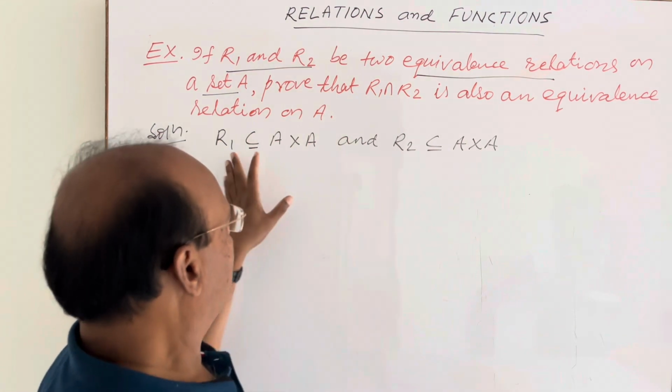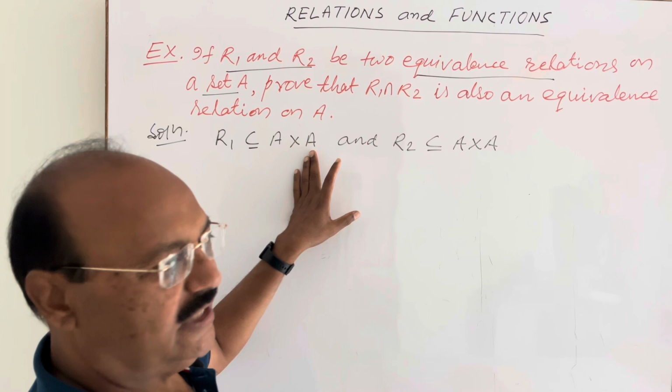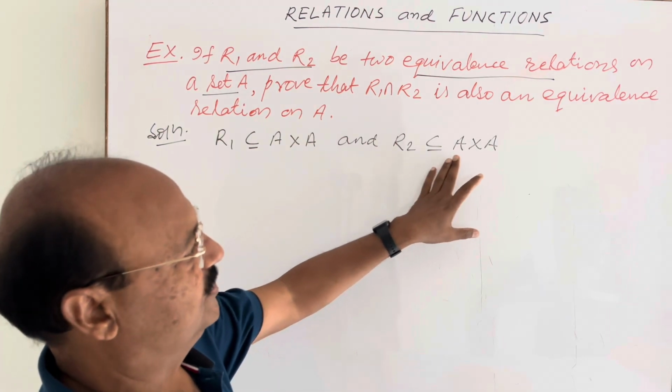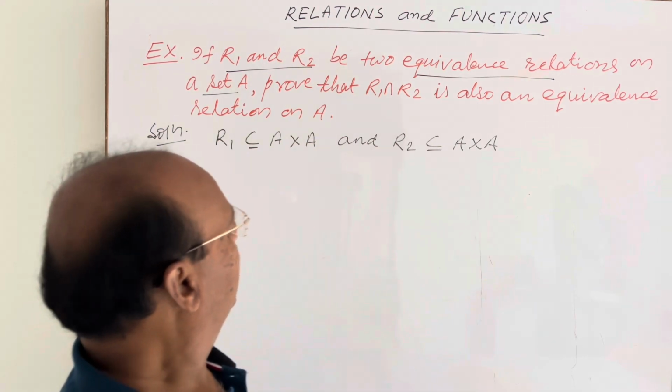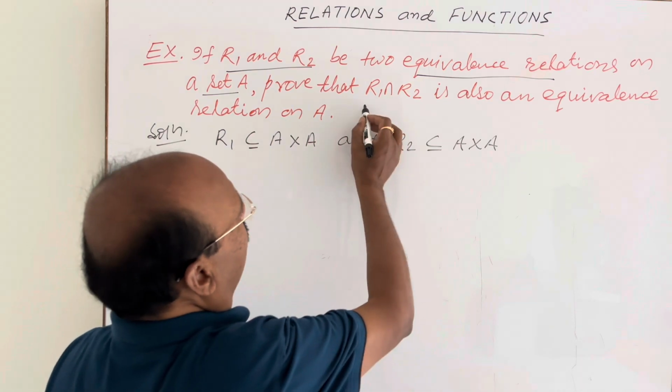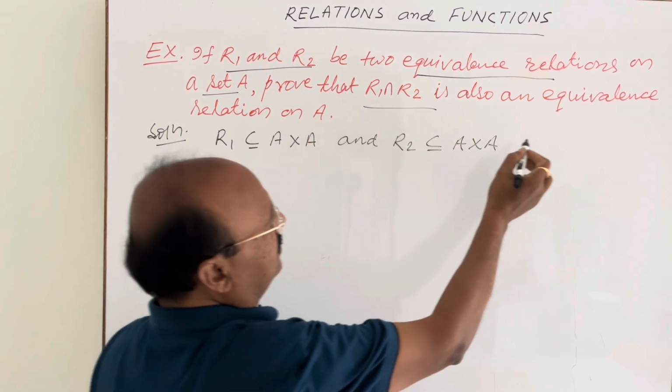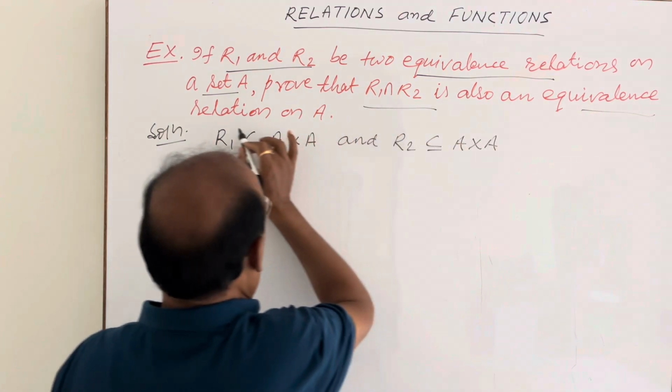So R1 is a subset of A cross A as well as R2 is a subset of A cross A. Here we have to show that R1 intersection R2 is also an equivalence relation.